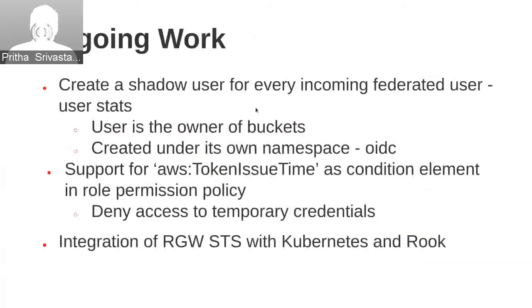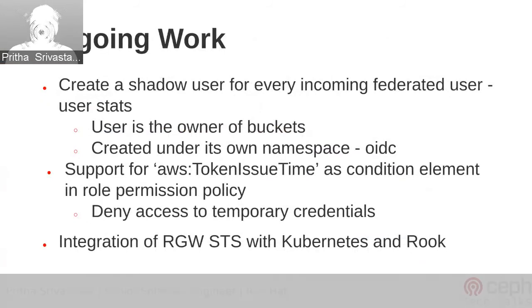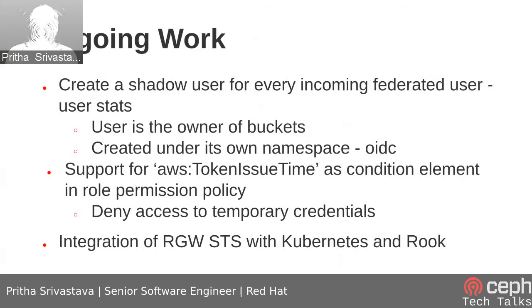So there are a number of ongoing work in RGW with respect to STS. The first thing is to create a shadow user for every incoming federated user. This was done mainly to maintain user stats for every federated user in RGW.